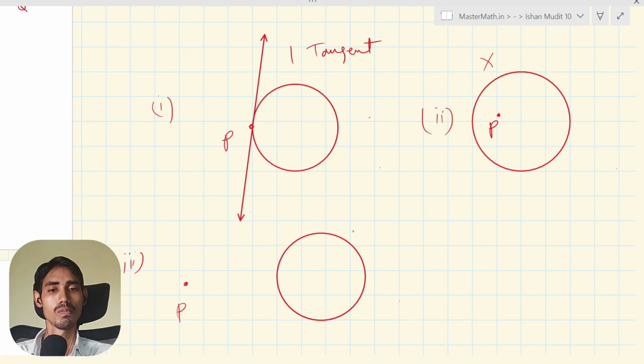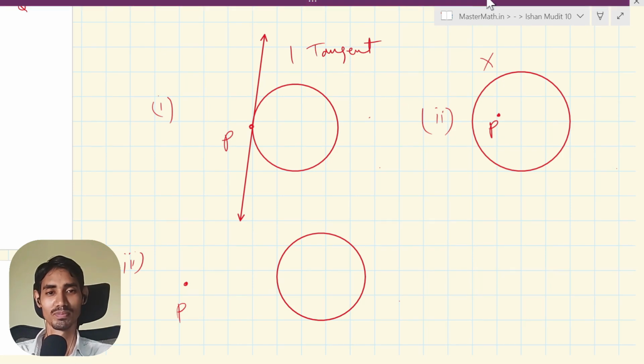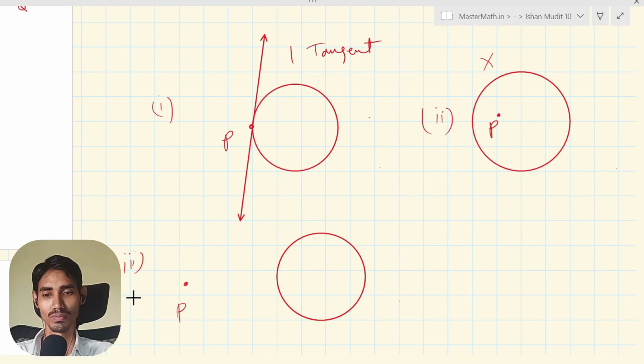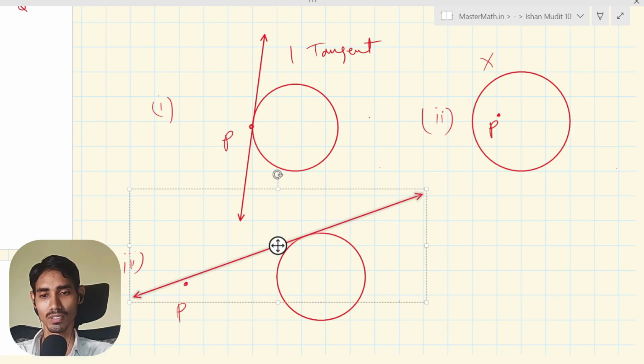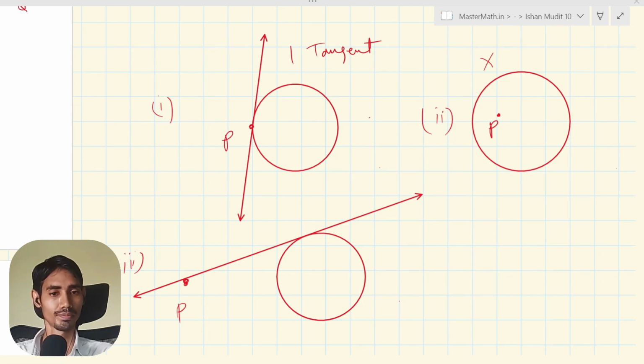So you can have two. Two, okay. How? One from left to right. Left is above and goes down. You meant something like this. Yeah.